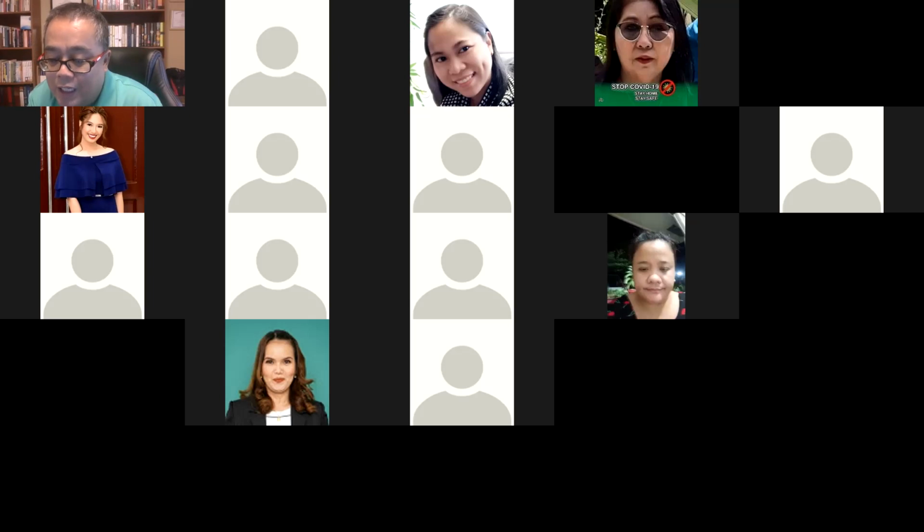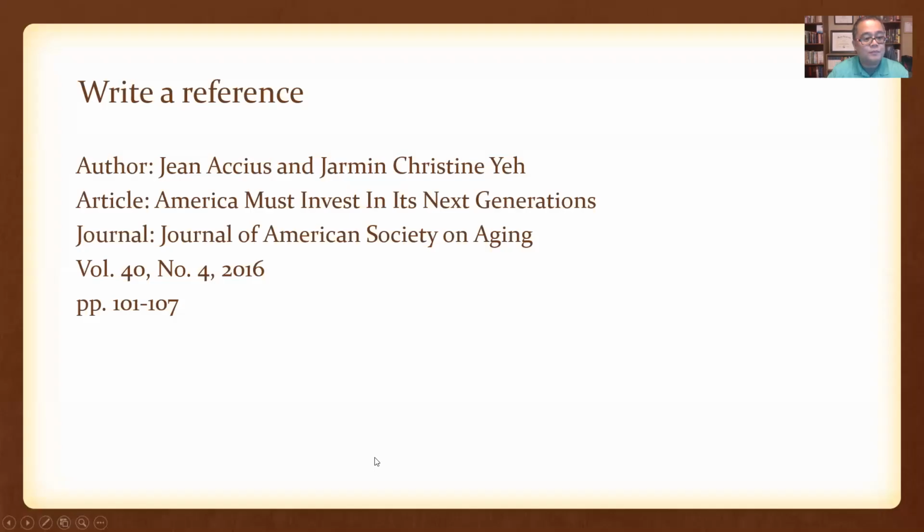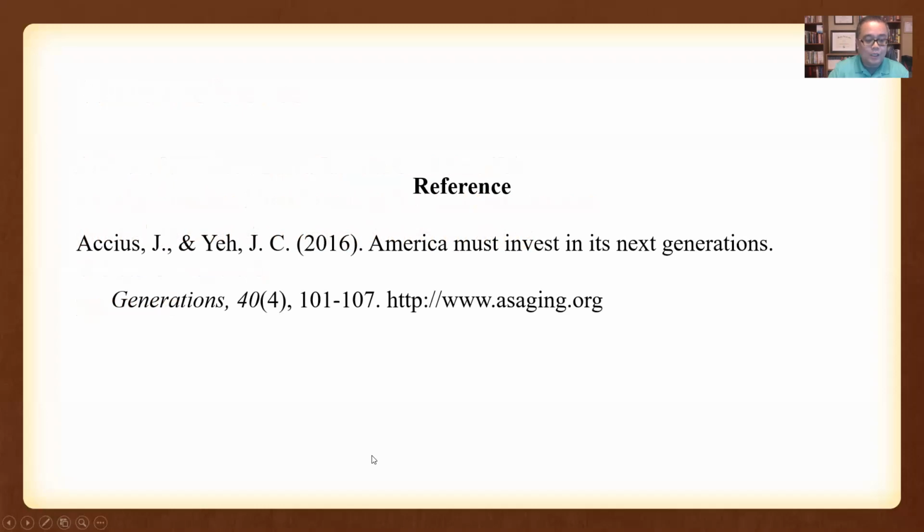Miss Melanie, ang hinahanap natin yung journal mismo, homepage po ng journal, hindi yung article. So yung tulad ng binigay ni Sir Ray, yun yung hanapin natin. asaging.org. All right, good job everybody. I like it. Ito yung sa akin. Generations. Ang pangalan ng kanilang journal.